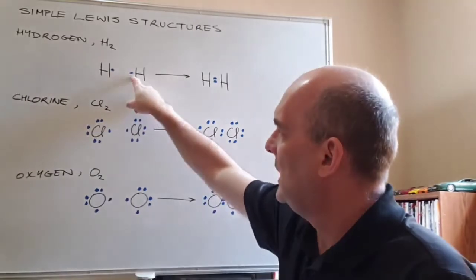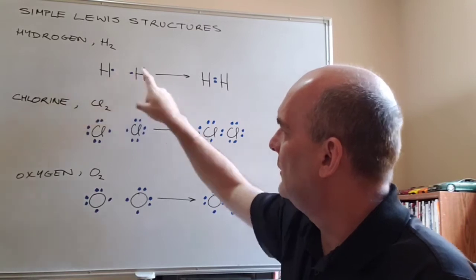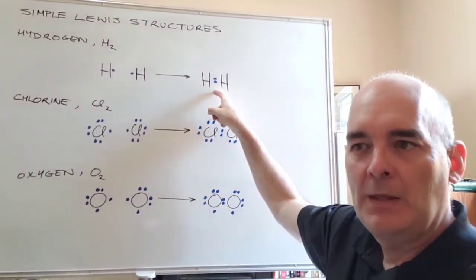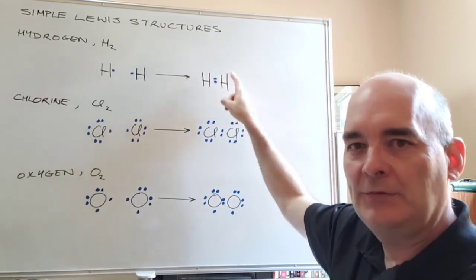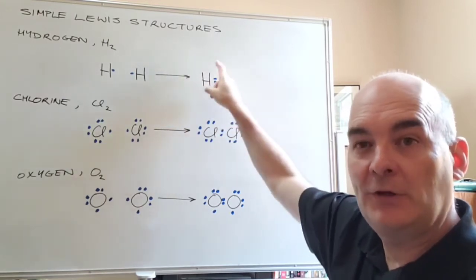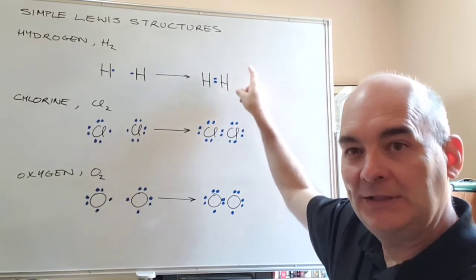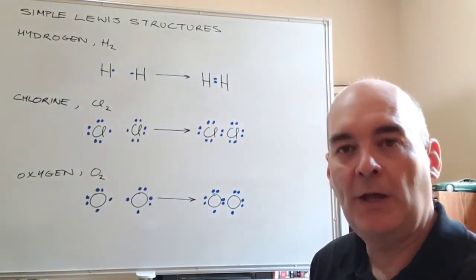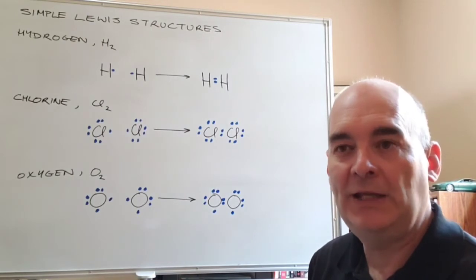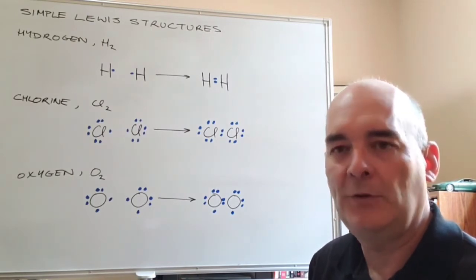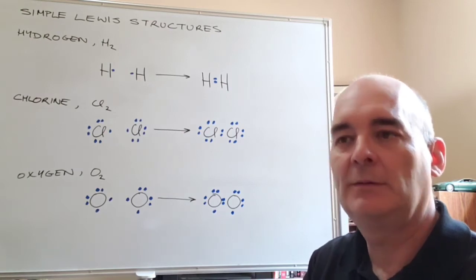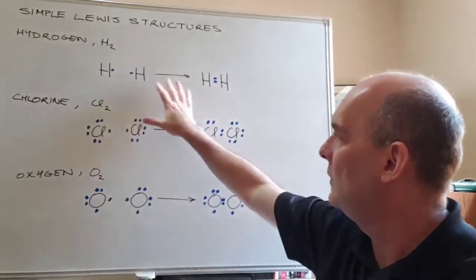So if I share those electrons equally between these two atoms, then this atom on the left is experiencing two electrons, and this atom on the right is also experiencing two electrons. I've made a covalent bond. I've generated a new molecule. Remember, new molecules are from covalent chemistry, which is from nonmetals.